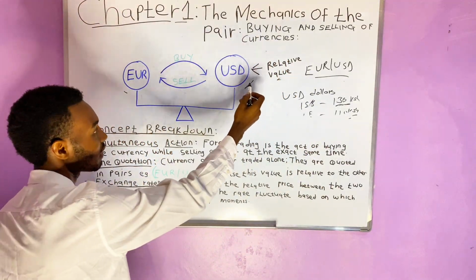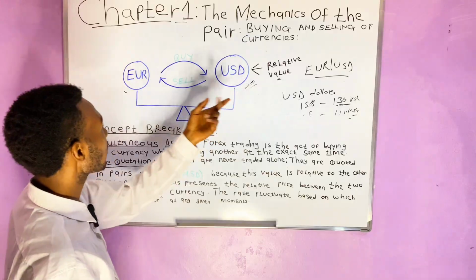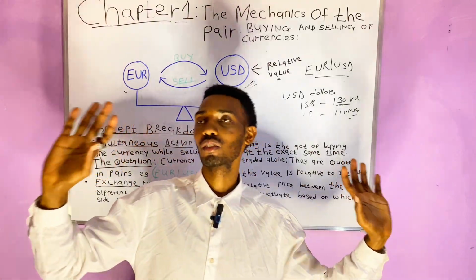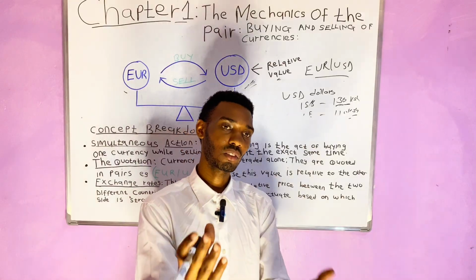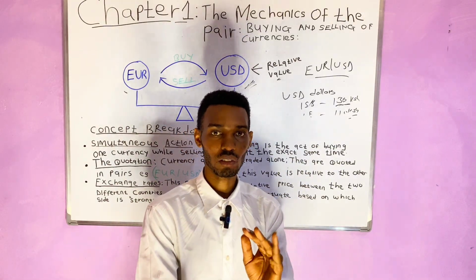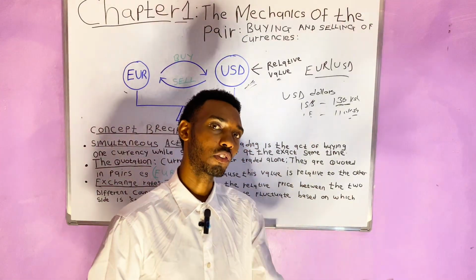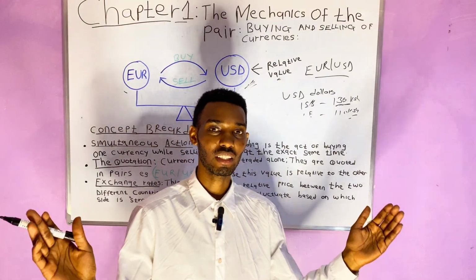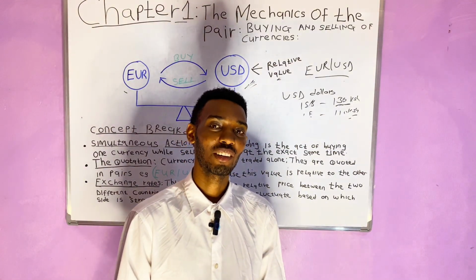But when you sell the USD to euros, you have a very huge amount of money. That is how Forex works, that's buying and exchange of foreign exchange or currencies. Are we together?